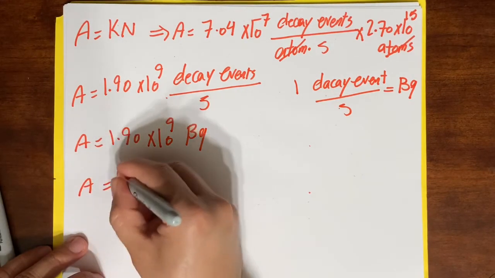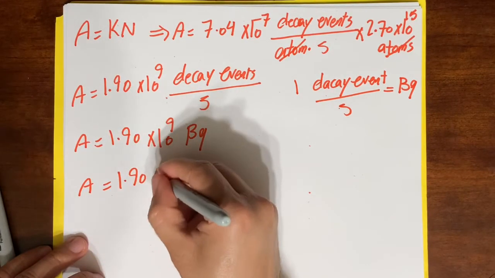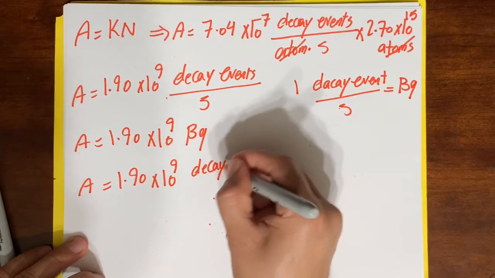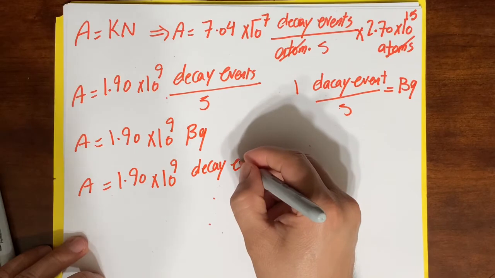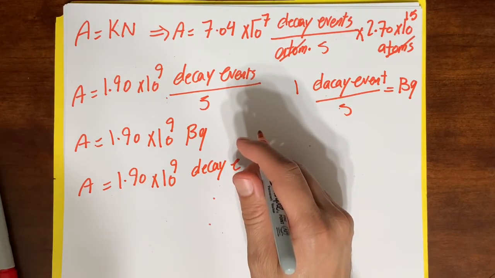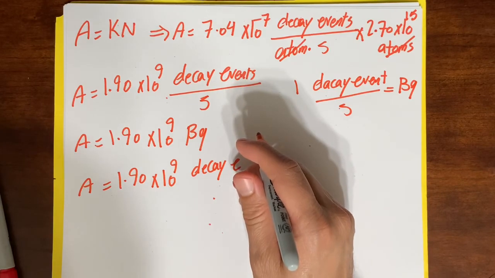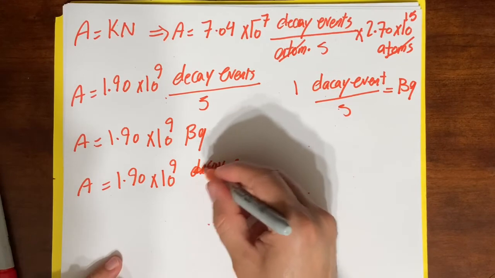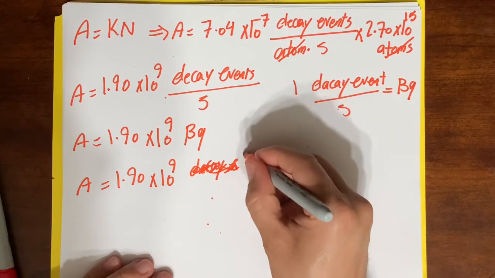A equal to 1.90 multiplied by 10 to the power of 9 decay events per second, or we can go with the Bq. I'm going to use the Bq this time.